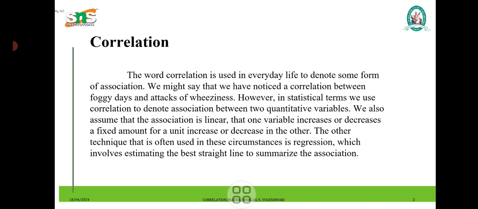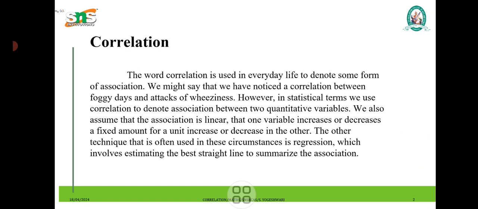Correlation, what does it mean? The word correlation is used in everyday life to denote some form of association. We might say that we have noticed a correlation between foggy days and attacks of wheeziness.